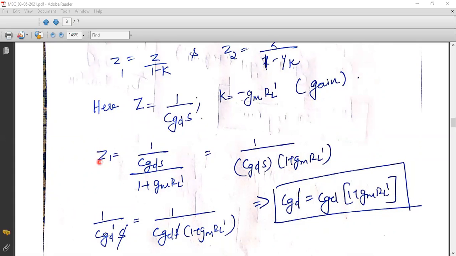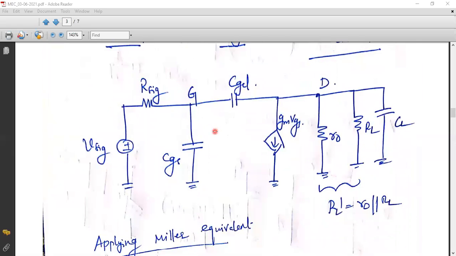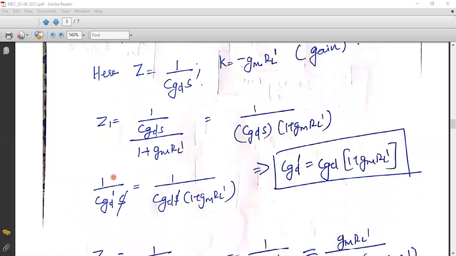Now, what is the left hand side? Z1. Again, this is a new capacitance, right? Because we are replacing CGD with a new capacitance. So let me take it as CGD dash. So the impedance corresponding to the new capacitance CGD dash can be written as 1 by CGD dash into S.